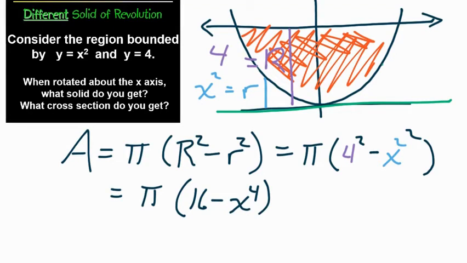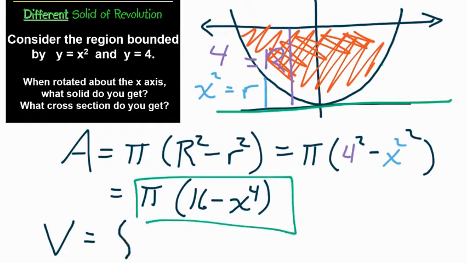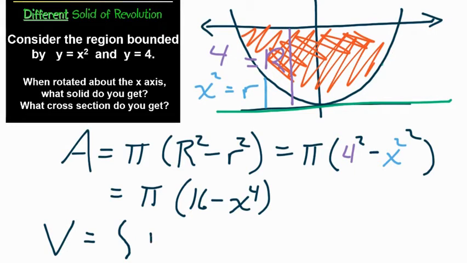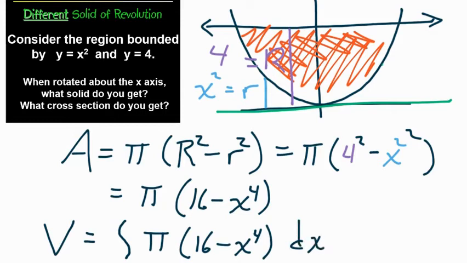So volume, don't forget, is when you integrate all of these cross sections. And I want you to understand that this pi times 16 minus x to the 4th is actually the area of a cross section. That's one of those washers that we cut out of the object. So when I integrate this, what I'm actually doing is stacking together all of those circles, actually, they're washers, so that I can end up with the total volume.